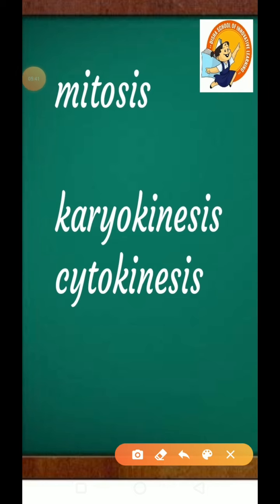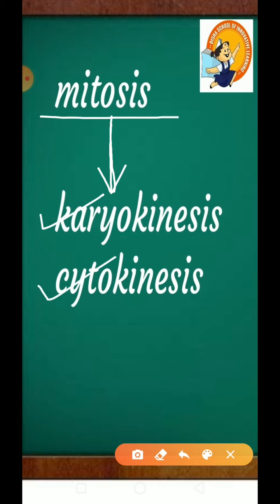Now, today we are going to discuss mitosis, one type of cell division. This mitosis is completed in 2 steps. The first one is karyokinesis and the second one is cytokinesis.